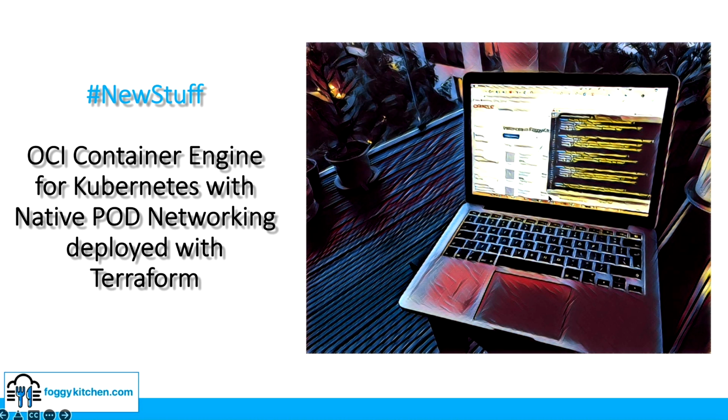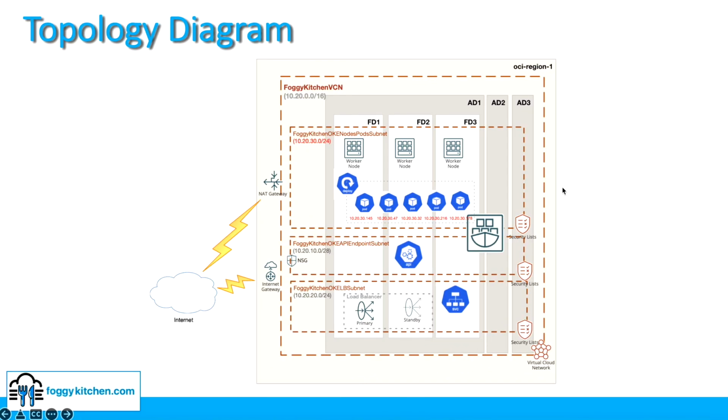For the purpose of this exercise, I will use a publicly available GitHub repo covering Terraform automation. Therefore, all elements will be deployed with Oracle Resource Manager. Okay, here is a topology diagram of our network, and as you can see, we have OKE deployed in one region within one VCN.